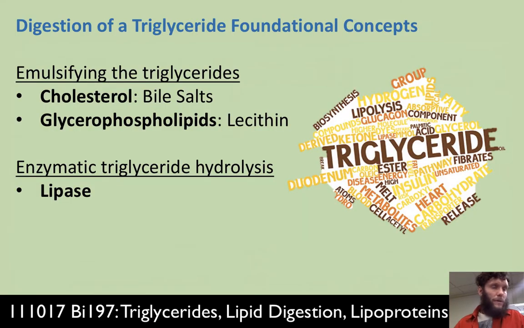All right, so we've got to get a couple of foundational concepts in before I get into depth on how we digest triglycerides. The first is we have to figure out how to emulsify the triglycerides. That is, how do we take them from that big fat droplet, that enormous macroscopic bubble of fat in your gut?